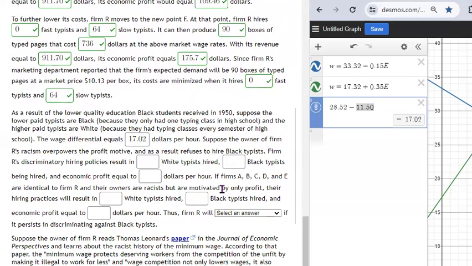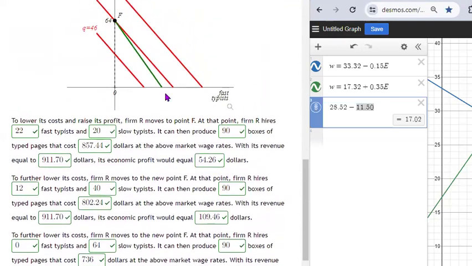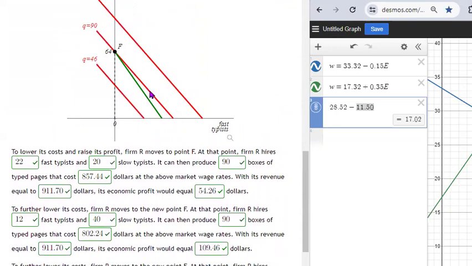Suppose the owner of firm R's racism overpowers the profit motive and as a result refuses to hire Black typists. Firm R's discriminatory hiring policies result in how many white workers hired? If this firm expected to sell 90 boxes of typed pages, then they would be here if they didn't want to hire any Black workers.